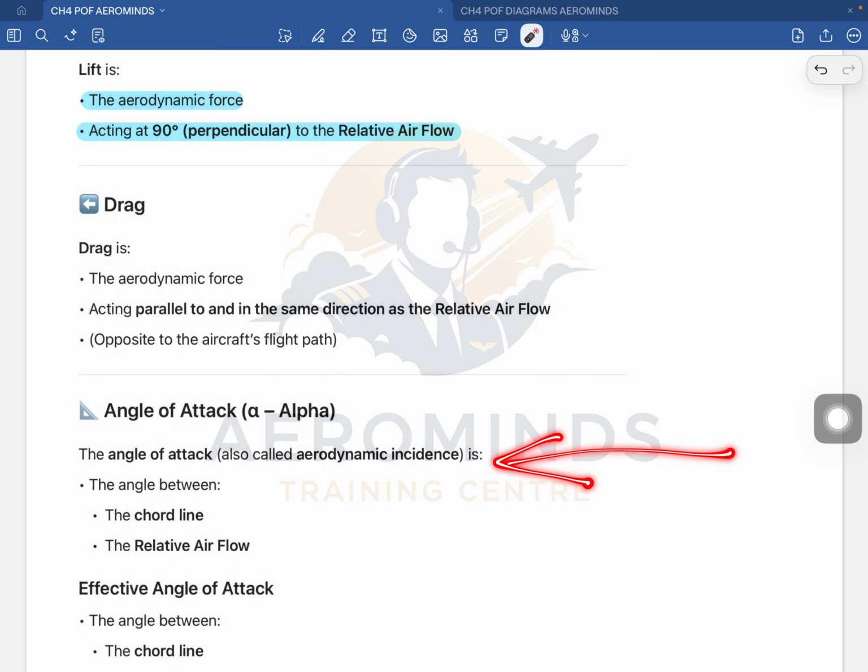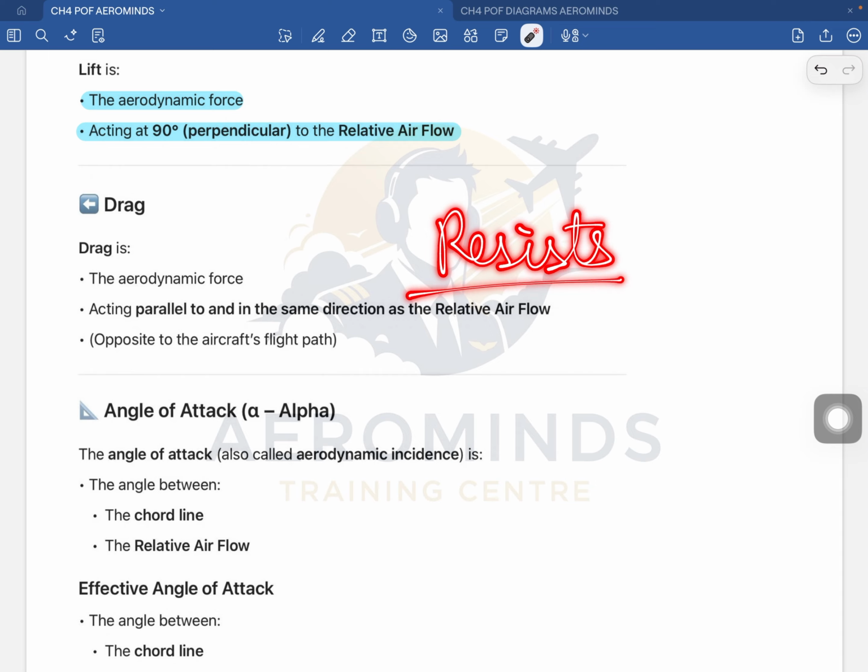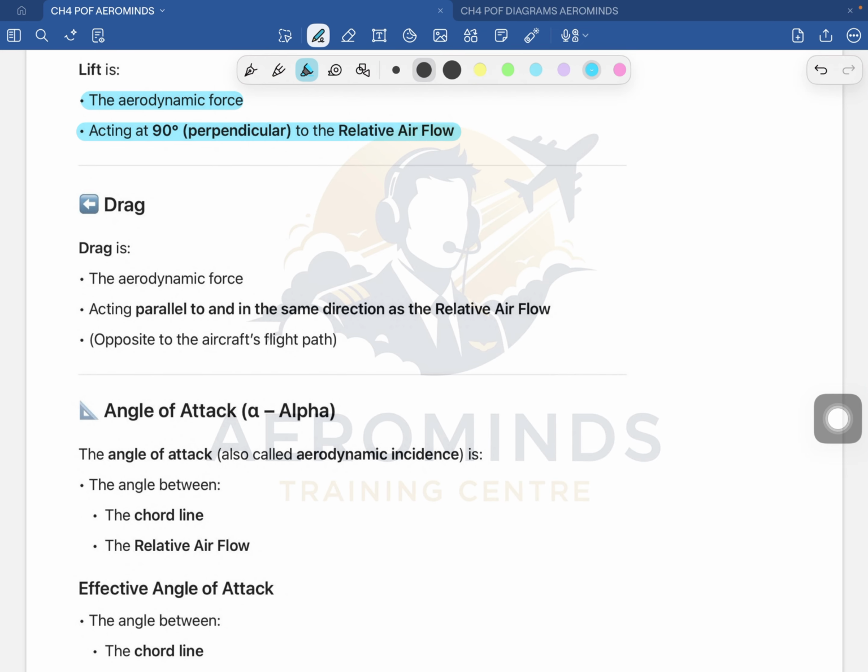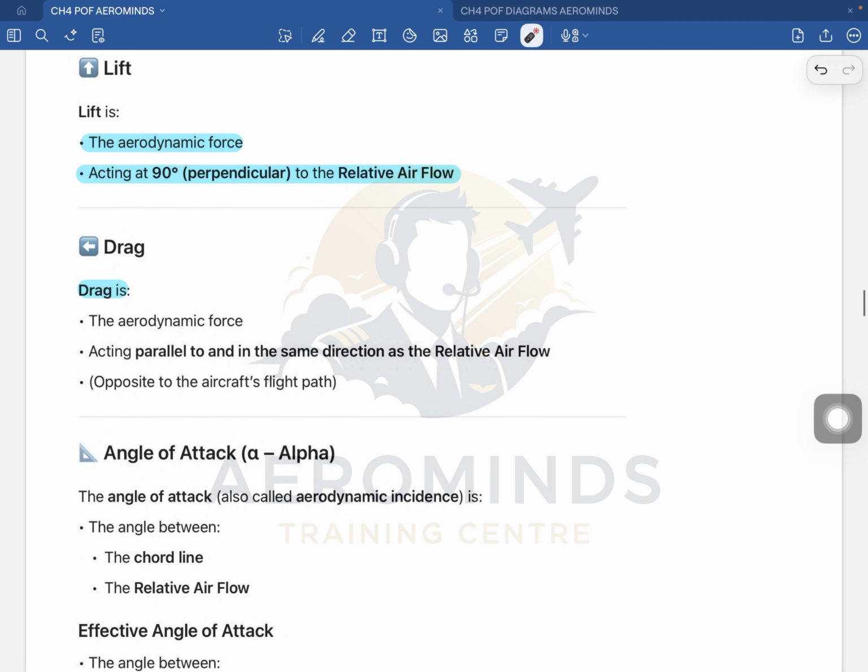So because the aircraft flight path is like this, relative airflow is like this. What happens? The drag will act opposite to the aircraft motion. Okay, this is why the drag resists the forward motion of the aircraft. That is the reason. Got it? So, again, remember for your exams, lift is perpendicular to the relative airflow, and drag is parallel to and in the same direction as the relative airflow.